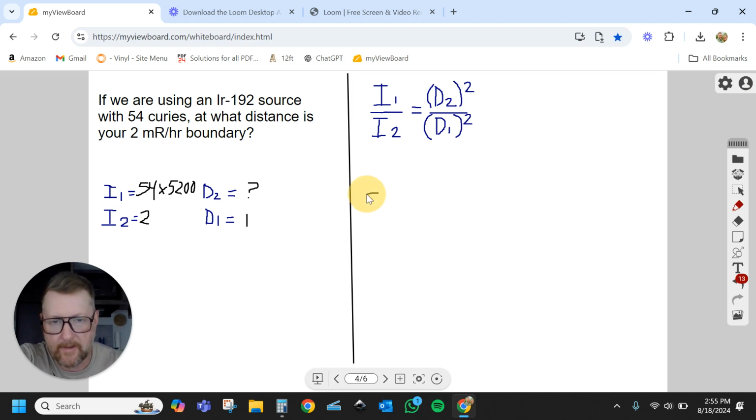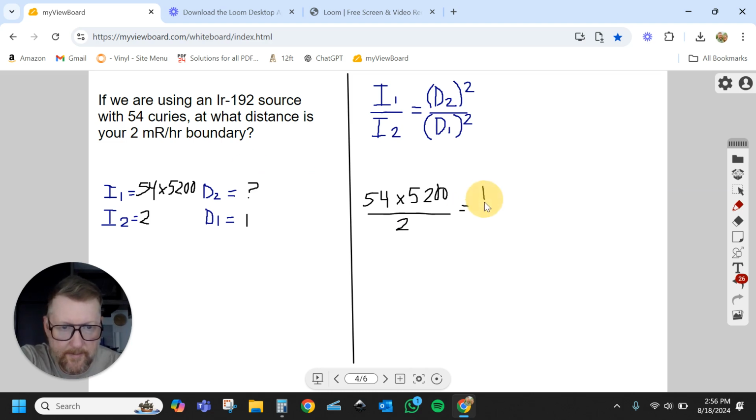So again, 54 curies times 5,200 MR per hour. So we got intensity 1 over 2 equals unknown over 1. Something I want to see if you remember from math is that anytime you have anything that's divided by 1, it is automatically just what it is.